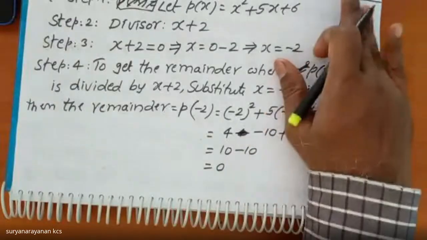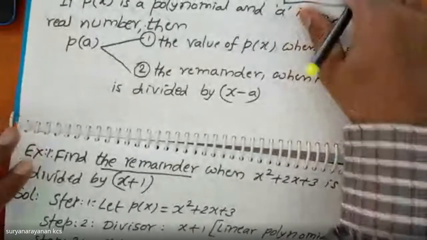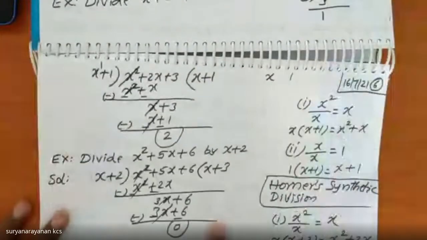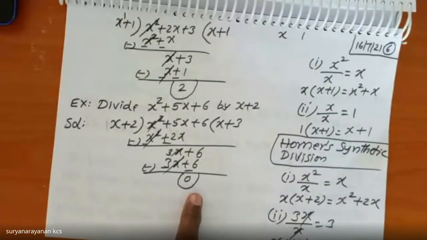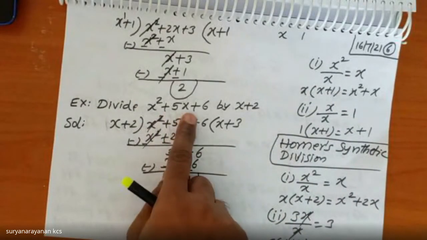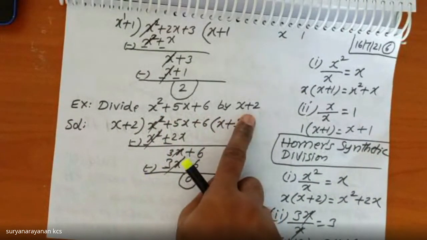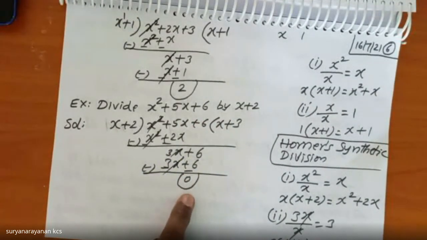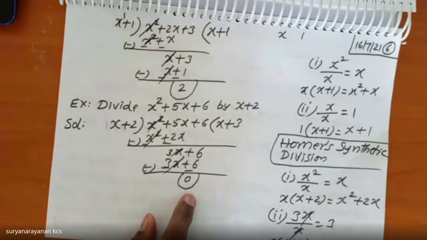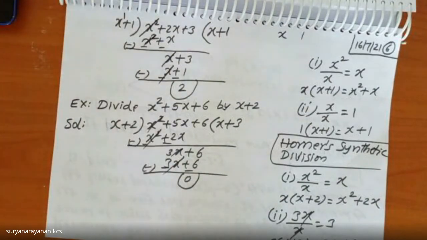In the previous method, in the long division, what remainder did you get? 0. When you divided this polynomial by x plus 2 using long division, here also you got a remainder 0. Yes or no? In both cases, you got the same answer. Understood this point, my children? Yes, sir.